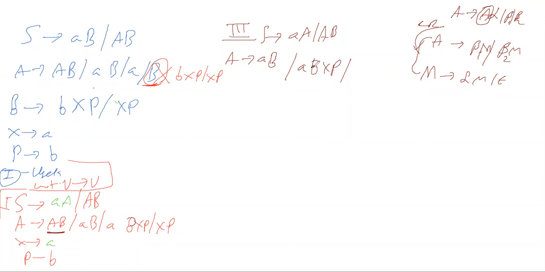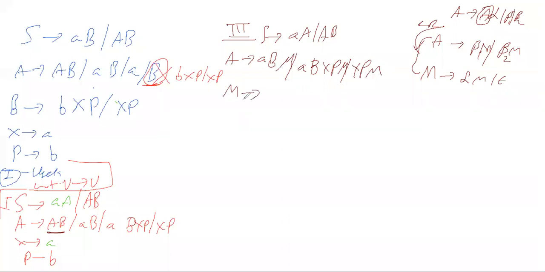AB, XP. And XP does not have any left recursion. So we are writing only those things and we are going to introduce a new variable. Any new variable we can write. So I am writing M.